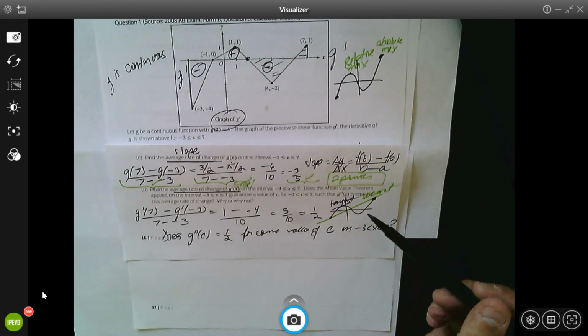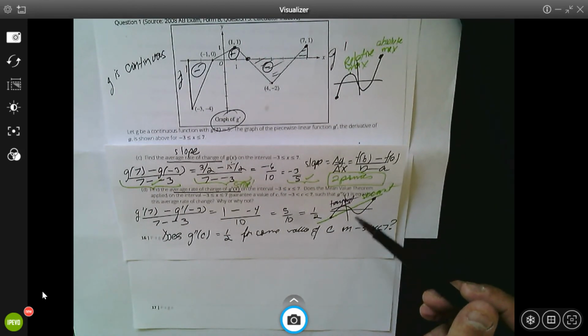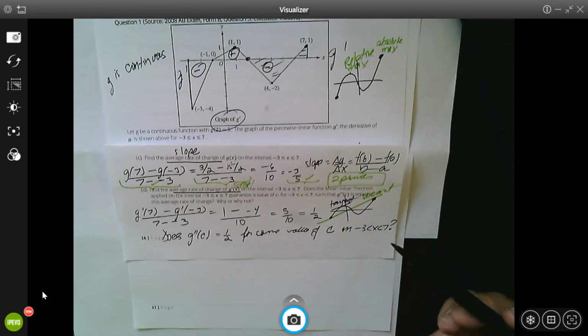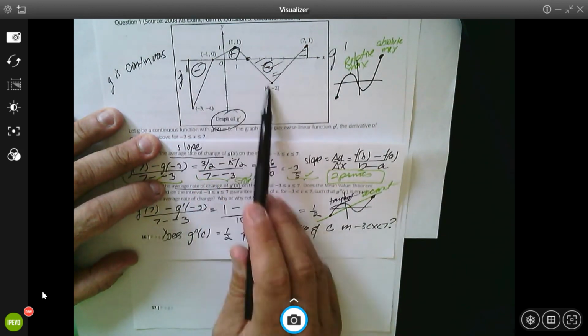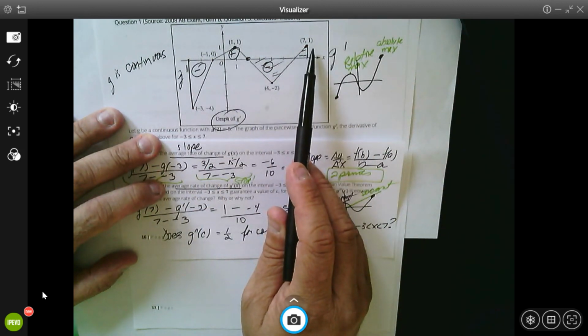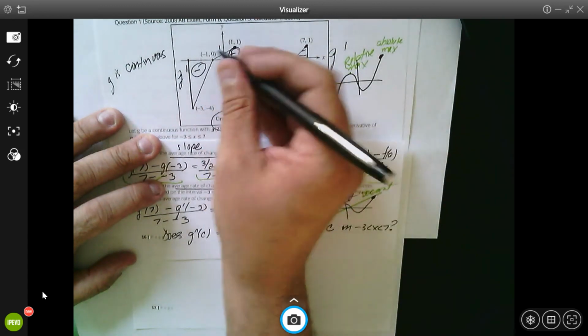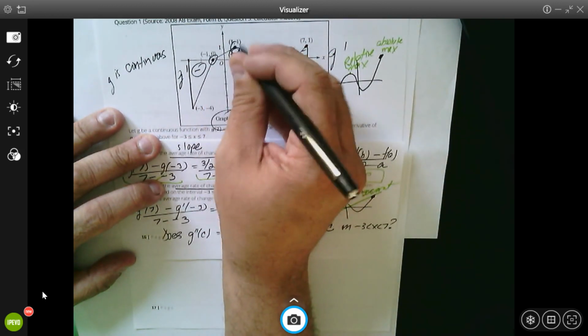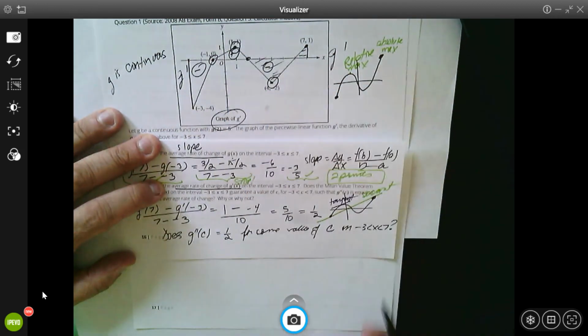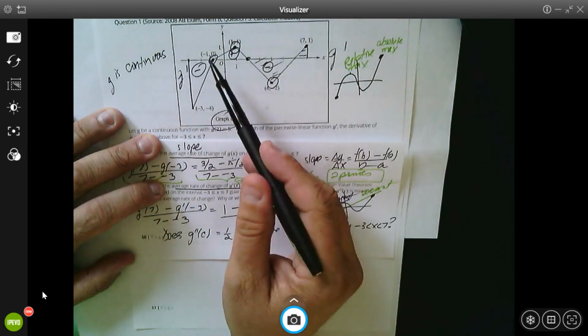The problem, though, is this is only true if you know two things about the function. The function in question has to be continuous and differentiable. If I look at the graph of g prime, the function I'm interested in, my graph is continuous for sure, but my graph is not differentiable. Anywhere where we have a cusp point, where we don't have a smooth transition, is where we're going to have a problem.